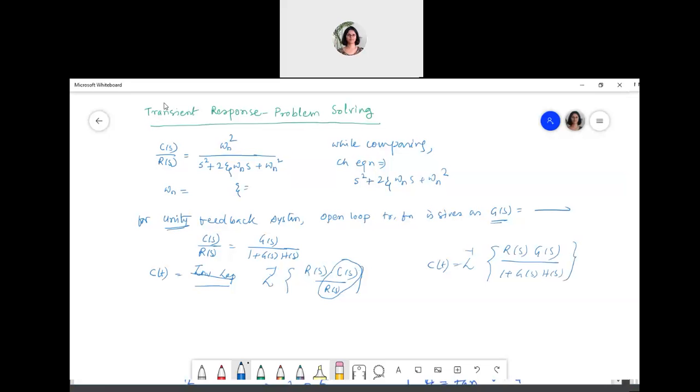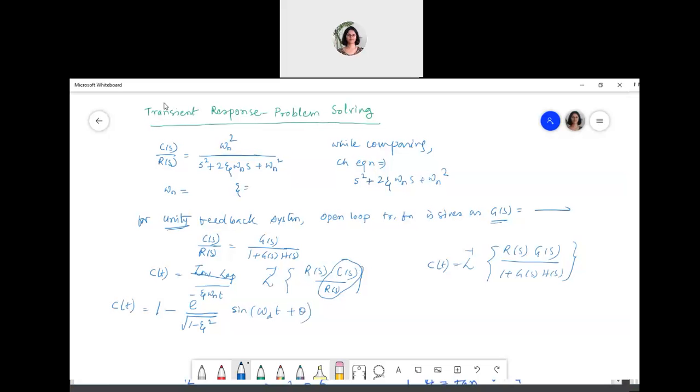For a standard second order system, when we calculate this response, we get C of t equal to 1 minus e to the power minus zeta omega n t divided by root over 1 minus zeta square, into sine of omega d t plus theta. This is the equation I can use to calculate C of t.